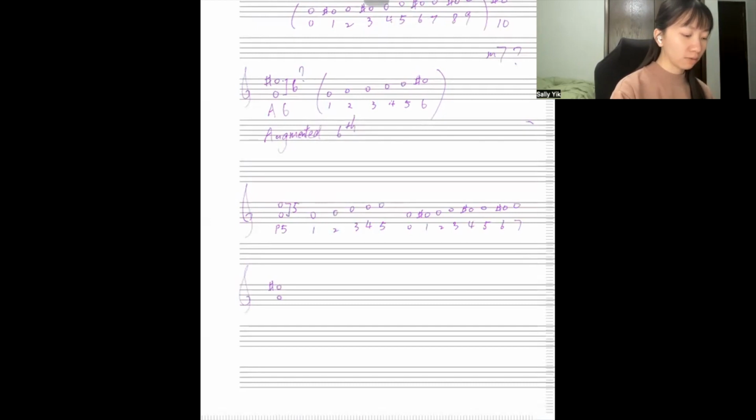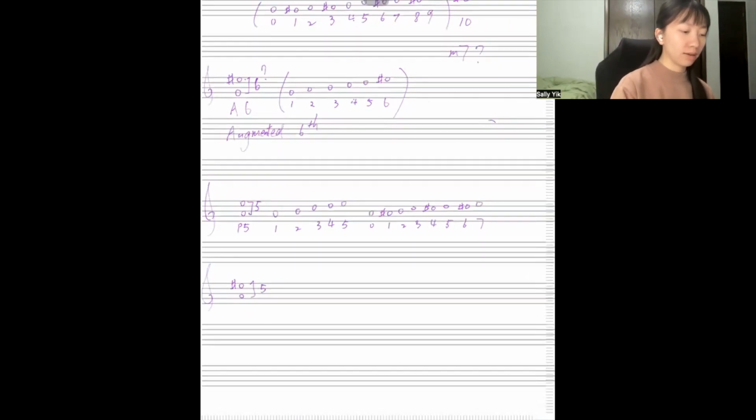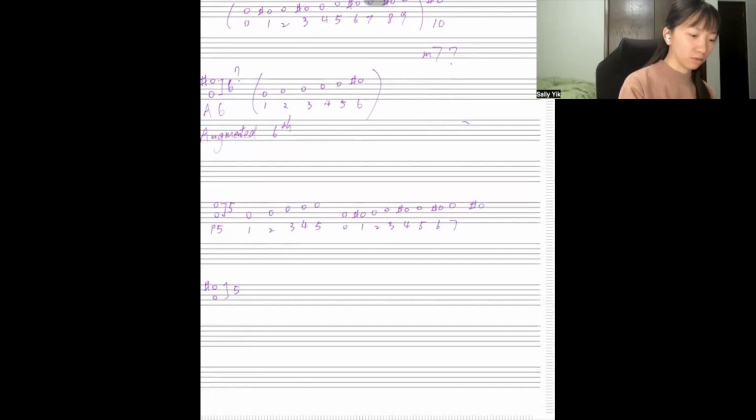And again, if you count the number of steps, it's still a fifth, just like what we did earlier. But now we have 8 semitones, right? It's a perfect fifth if you look at the table, because there's 7 semitones. But now we have 1 more semitone than the perfect interval.